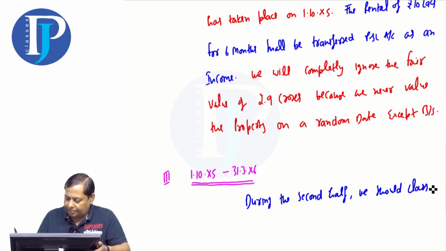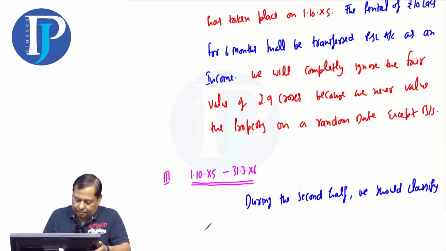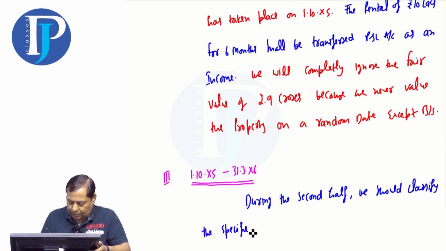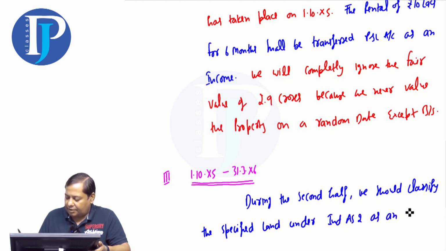We should classify the specified land under Ind AS 2 as an inventory.